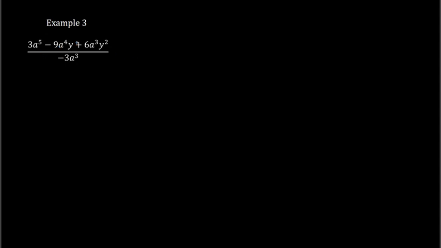Here I have 3 terms on the top, so I'm going to have 3 fractions. So be careful with the negatives. We have 3a to the 5th over negative 3a cubed, then minus 9a to the 4th times y divided by negative 3a cubed, plus 6a cubed y squared divided by the negative 3a cubed.